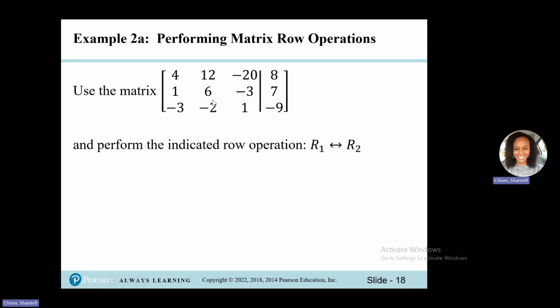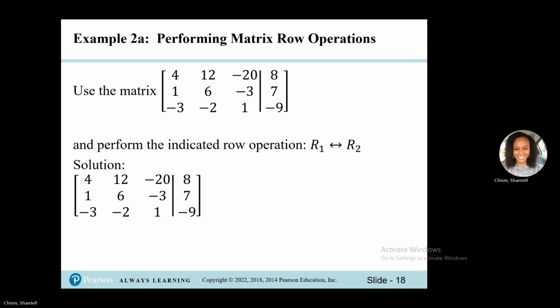This is what would be done before we had calculators, before we had technology that could do the operations for us. We would have to take this matrix and perform row operations so that we could end up getting ones in the main diagonal and zeros below so that we could somehow get the solution set to a system using matrices.